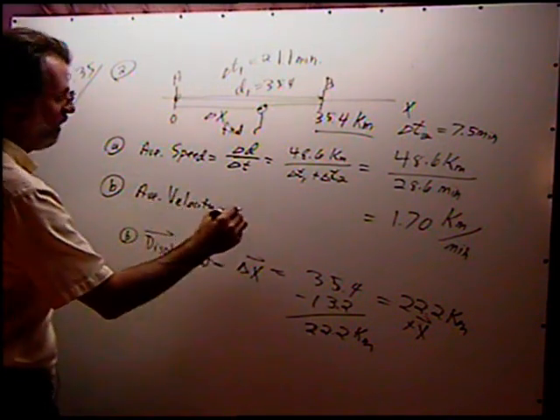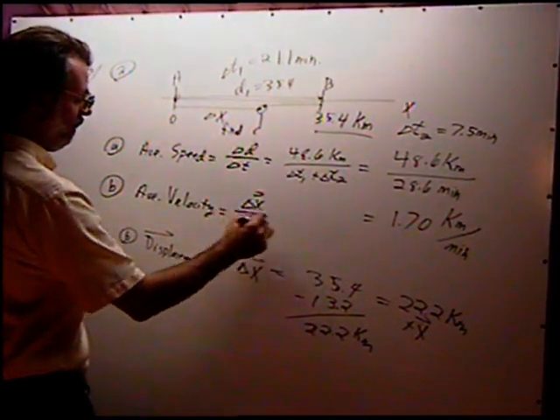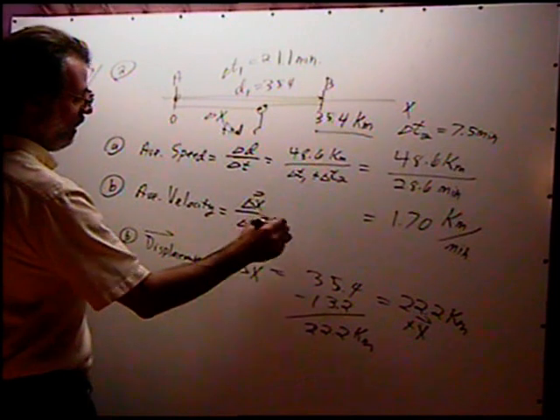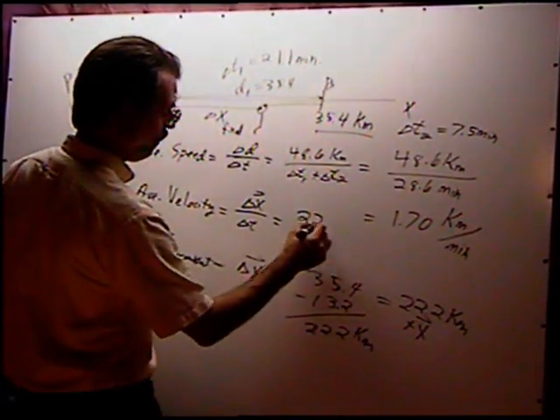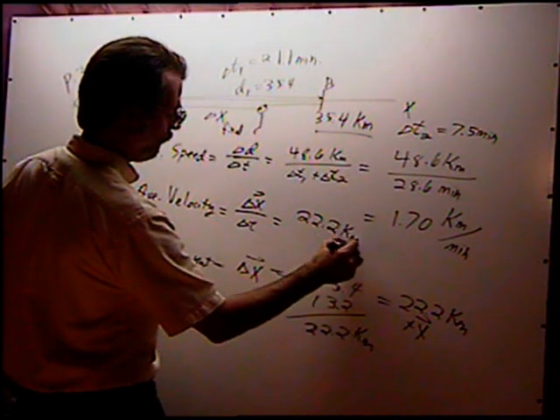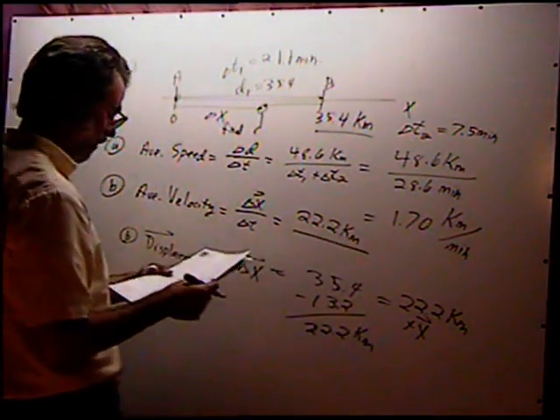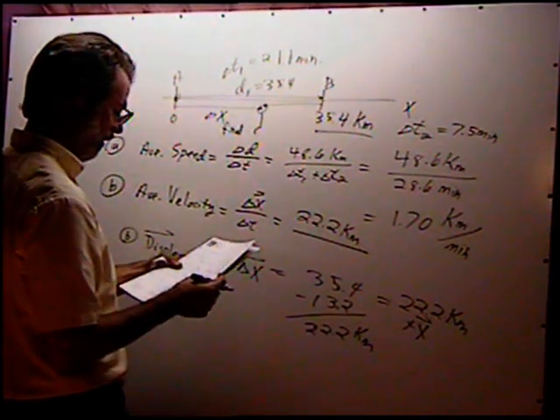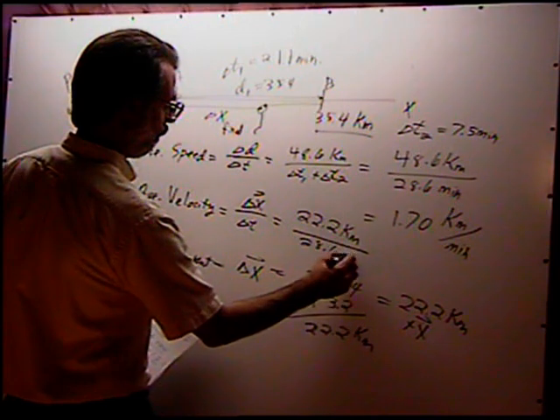Again, the velocity is defined as the displacement divided by time. The final displacement is only 22.2 kilometers divided by the total time, which again is 28.6 minutes.